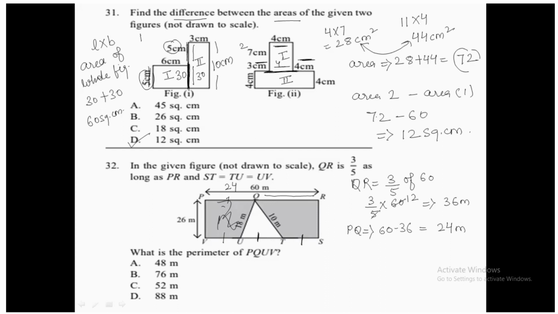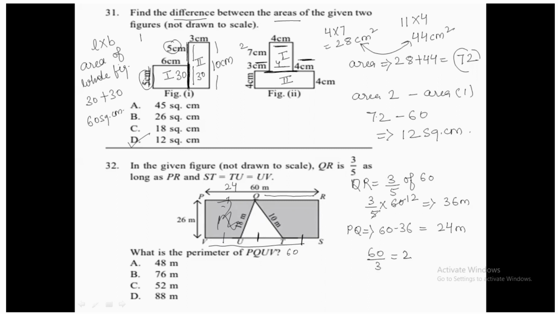Now the value of PV is already given in the question. Now the question is saying that ST is equal to TU is equal to UV, because all three sides are equal. If all three sides are equal and the length of the whole side is 60 meters, what will be the length of one part? The length of one part will be 60 divided by 3.